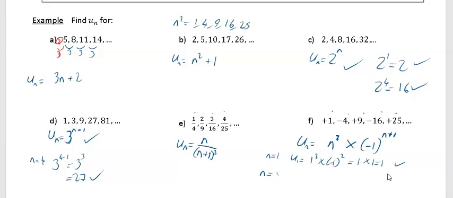We'll check 4. And so when n is equal to 4, u4, my fourth term, is equal to 4 squared times minus 1 to the power of 4 plus 1. 4 plus 1 is 5. So that becomes 16 times minus 1, which is equal to minus 16, which does work.